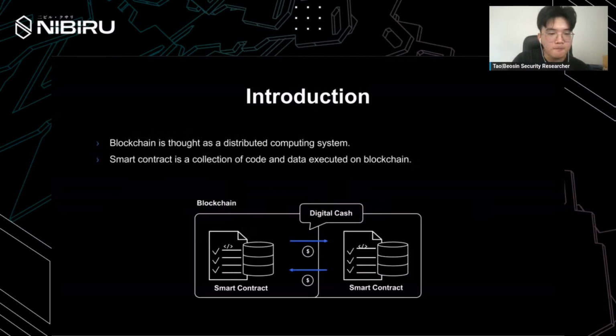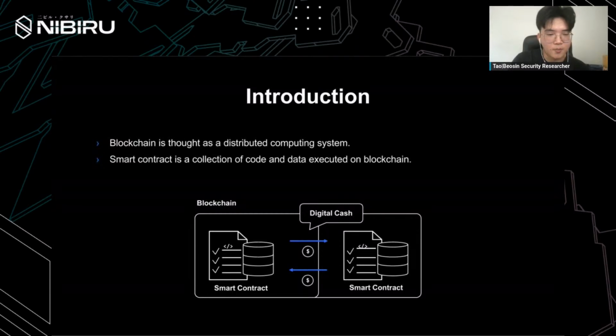So to give you a brief background about blockchain and smart contracts, a blockchain is a type of distributed computing system, and blockchain technology is quite popular right now. There are many types of blockchains. We have Ethereum, Solana, and Cosmos ecosystems, including the Nibiru blockchain. And there's the smart contract.